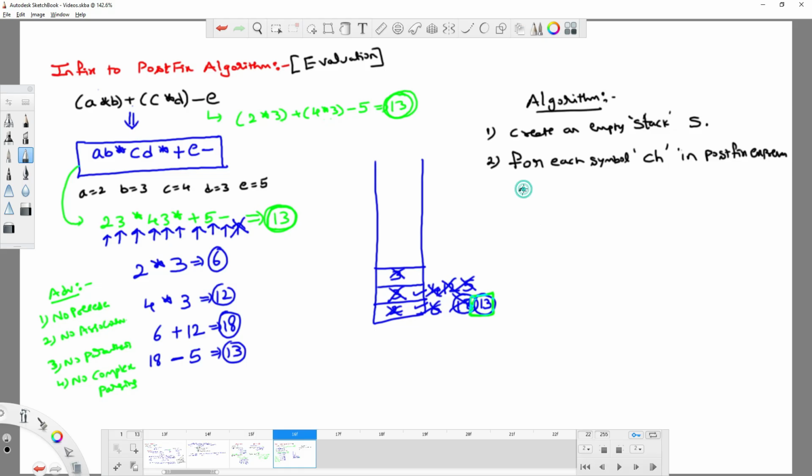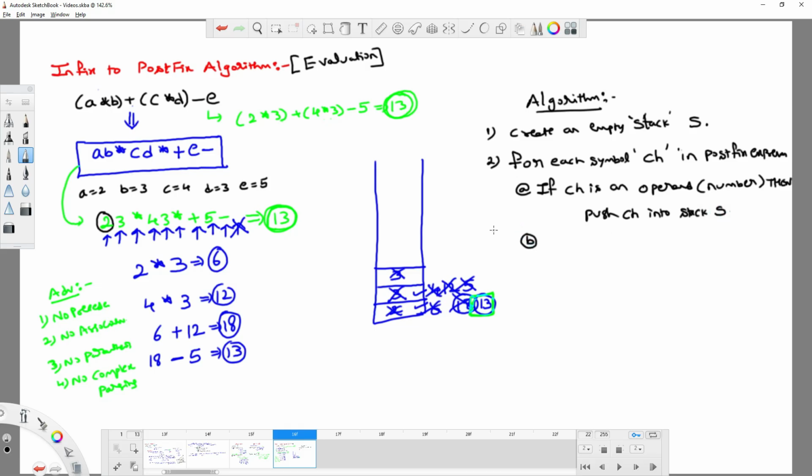Whenever you get an operand, if ch is an operand, which means a number, then push that ch into the stack.